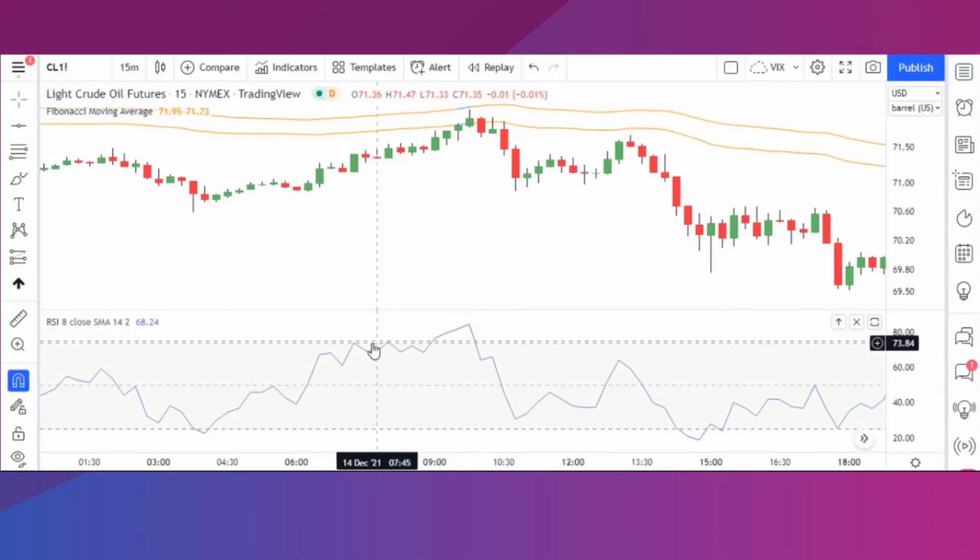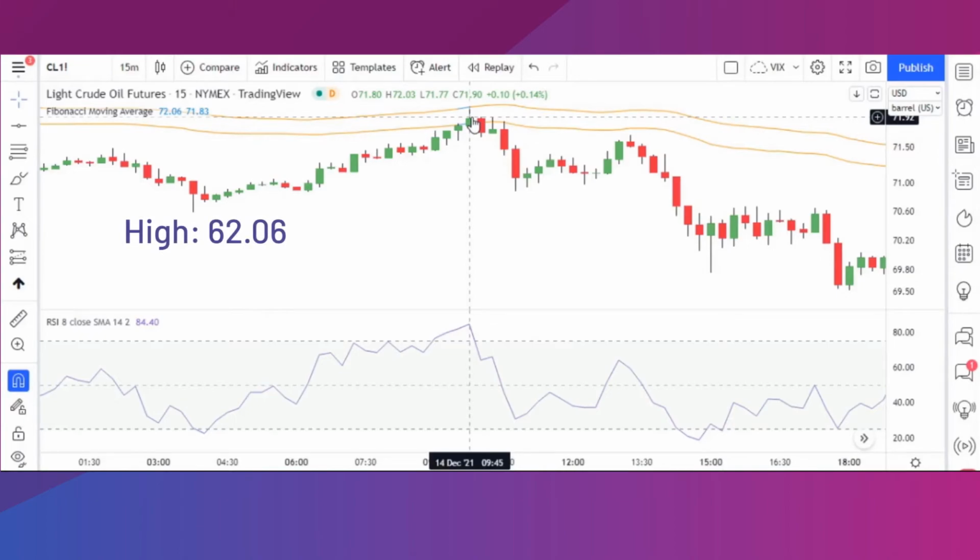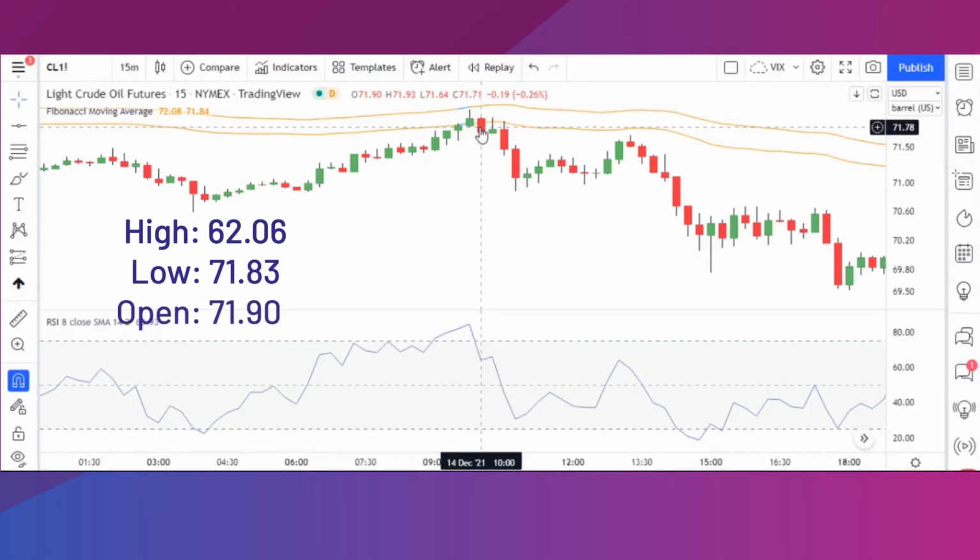Now previously here we had also an RSI that was around the overbought level, but the moving average was quite far from the market price. This is why the confirmed signal is around here. Now for the trading conditions, we have a high of the Fibonacci at 72.06, we have a low at 71.83, and the opening price is at 71.90.